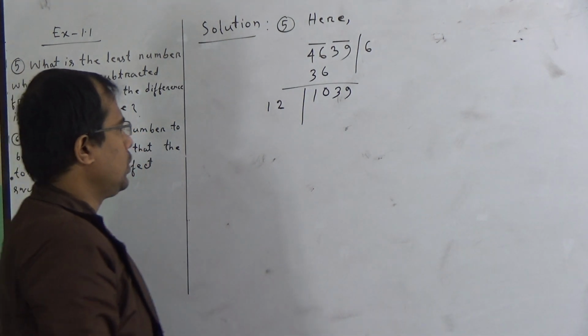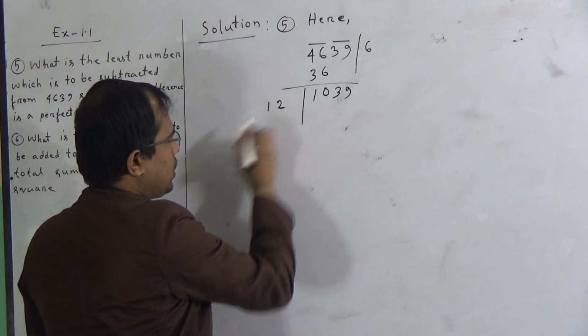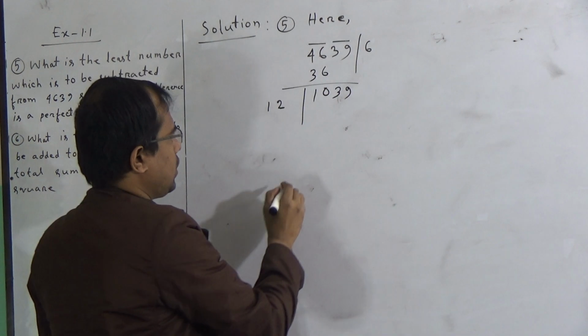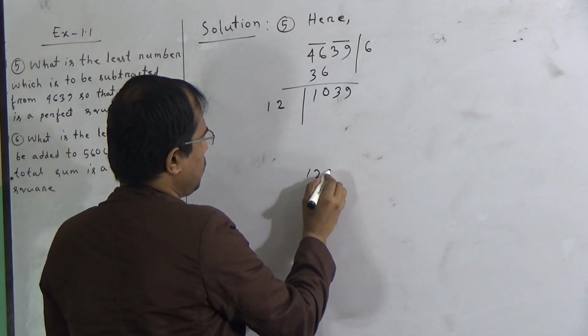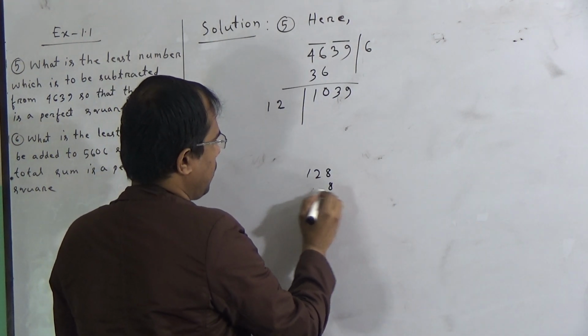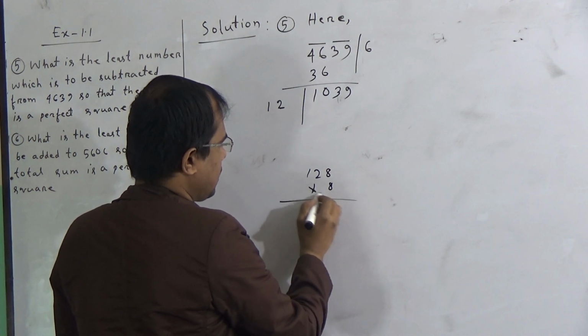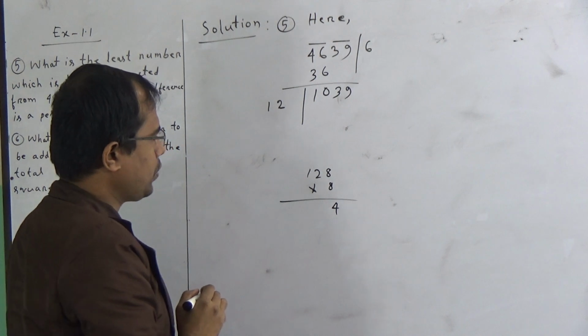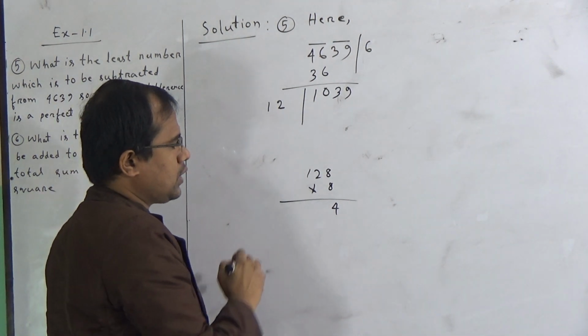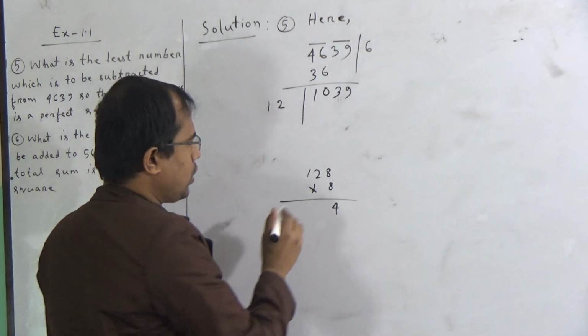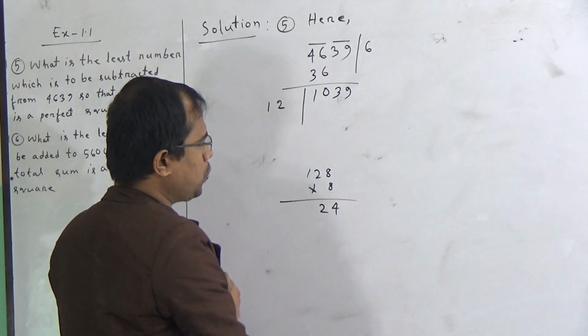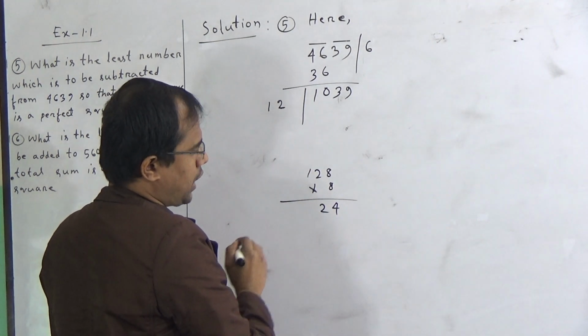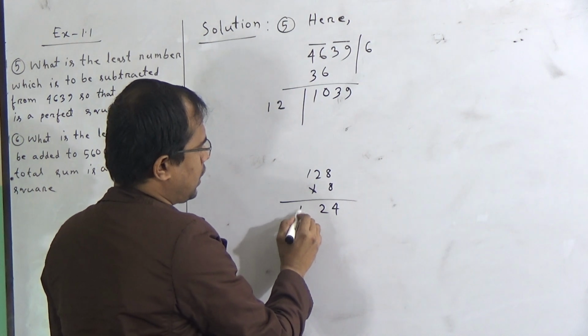Now besides 12, which digit will we take? If we take 8, then 128 multiplied by 8. 8 8s are 64, carrying 6. 8 2s are 16, 16 plus 6 equal to 22, carrying 2. 8 1s are 8, 8 plus 2 equal to 10.